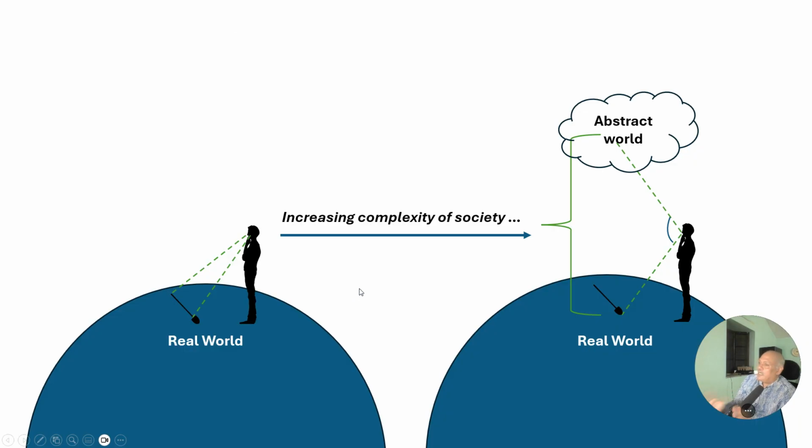This started changing as society became more and more complex. So here it is on the left hand side, a simple world. You have a spade over there, and this person is thinking about that broken spade in case something gets broken over there. But as society became more and more complex, the range of things and this angle of vision which he or she has to extend, has now gone to pretty abstract layers, and also to the real world.